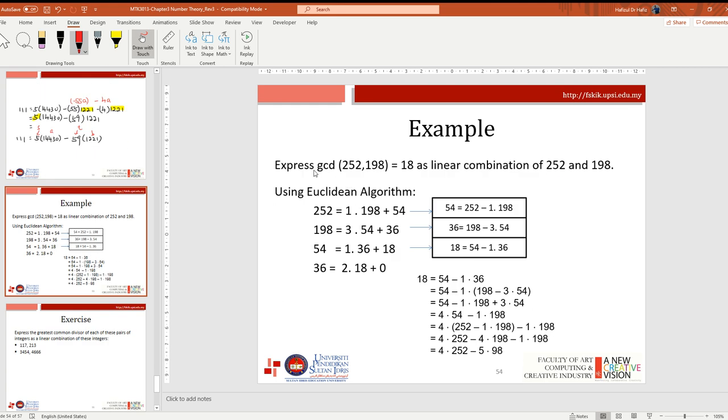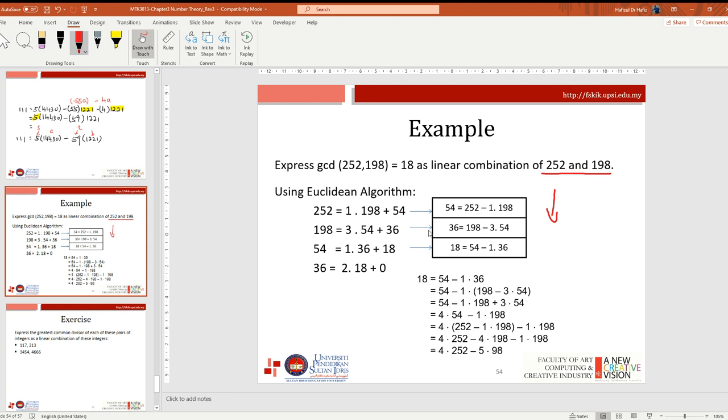Okay, express the GCD of 252 and 198, which is 18, as a combination of 252 and 198. Okay, this one is step by step for the Euclidean algorithm. 1 multiplied by 198 plus 54.